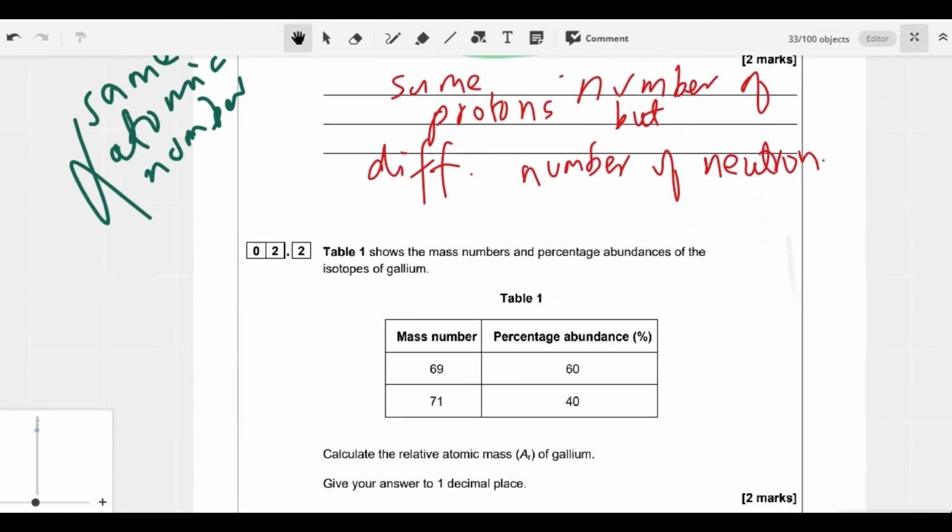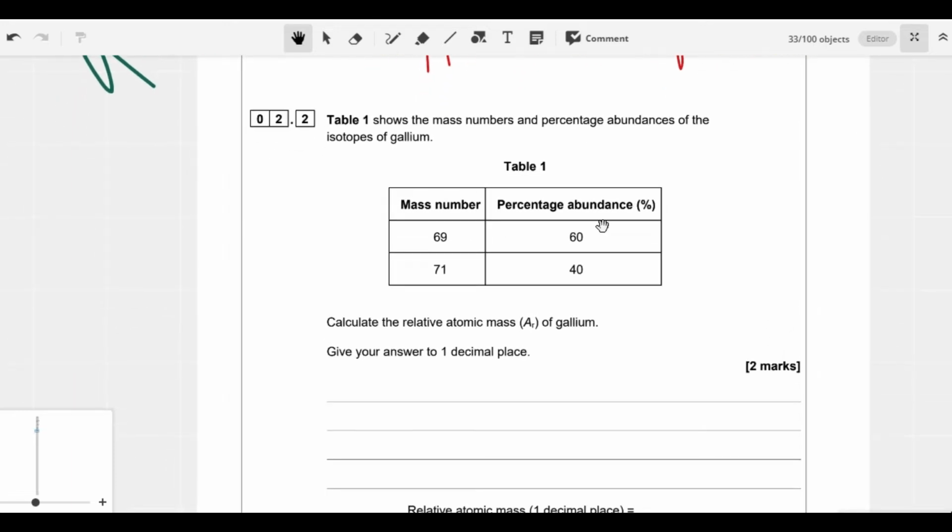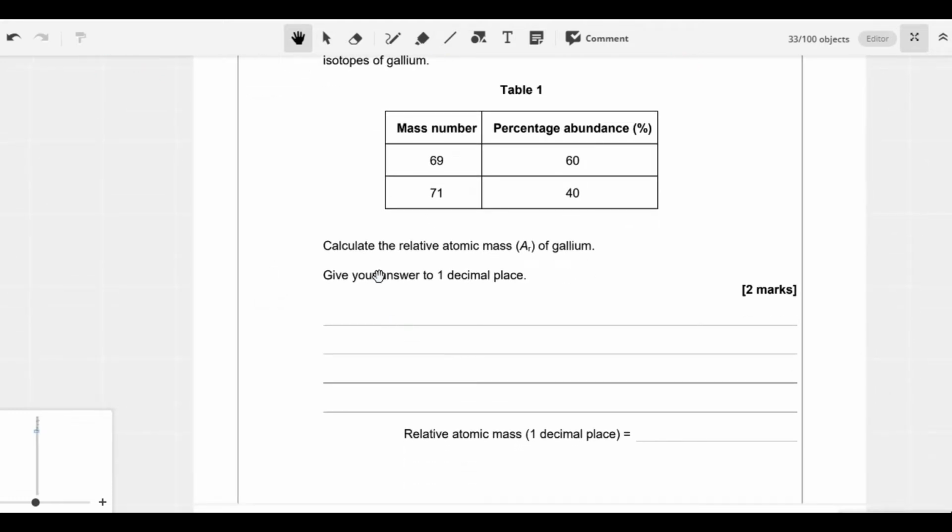Okay, the next question: Table 1 shows the mass numbers and the percentage abundance of the isotopes of gallium. Calculate the relative atomic mass of gallium. For the relative atomic mass you need to multiply each mass number by its percentage abundance and then divide by 100.